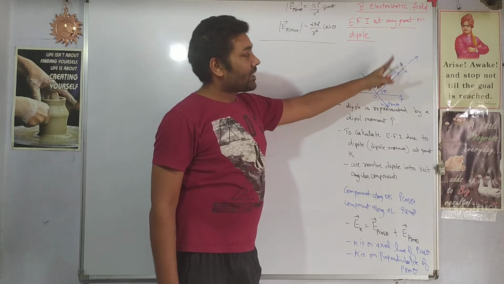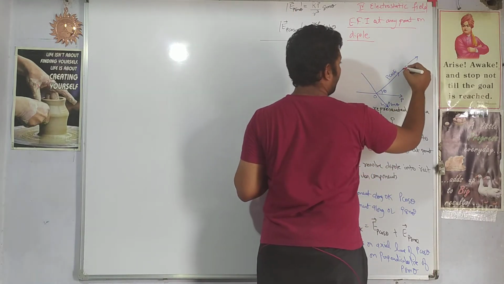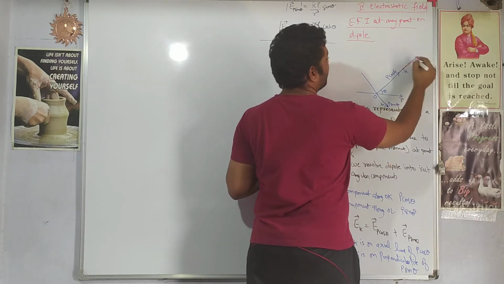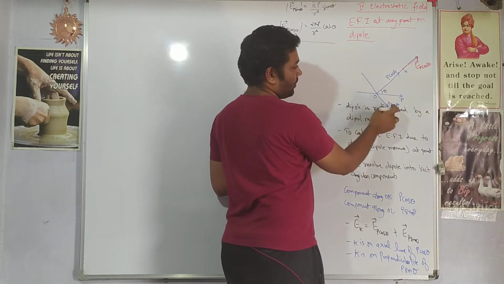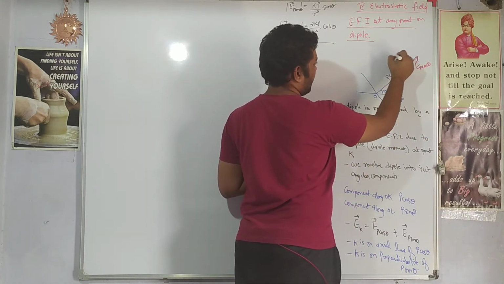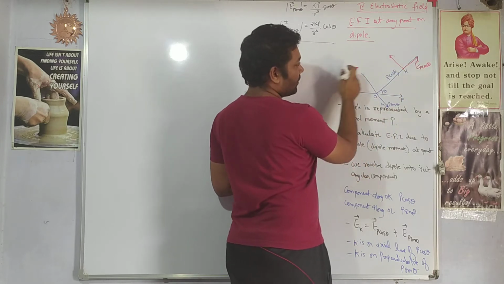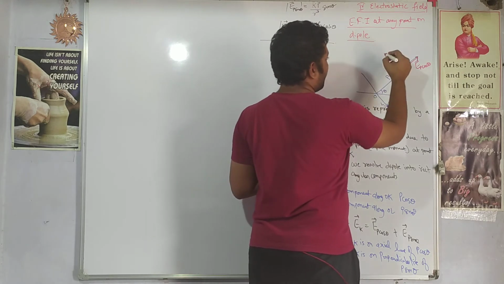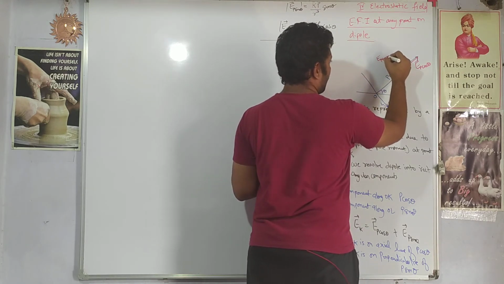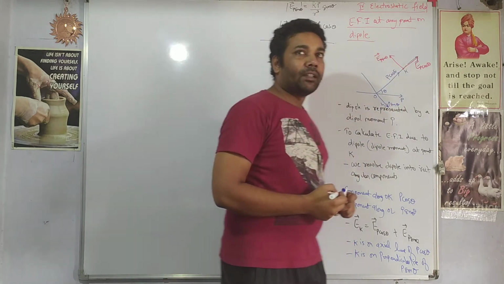This is on the axial line, so the direction will be along the dipole moment, EP cos theta. And for this, the direction will be opposite to that of the dipole moment. On the perpendicular line, the direction is opposite. You must remember this again. So EP sin theta, right?